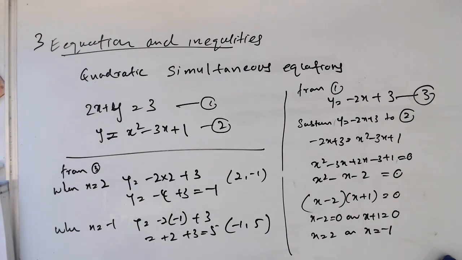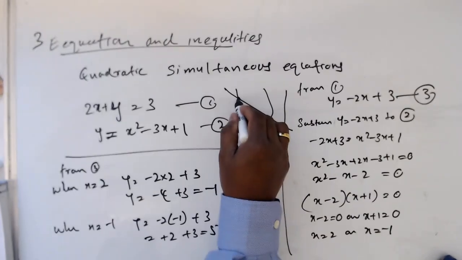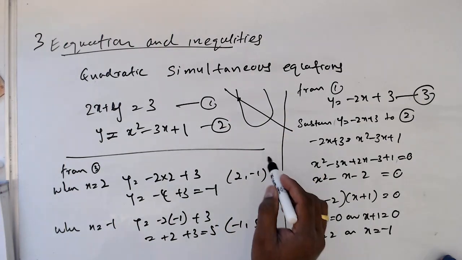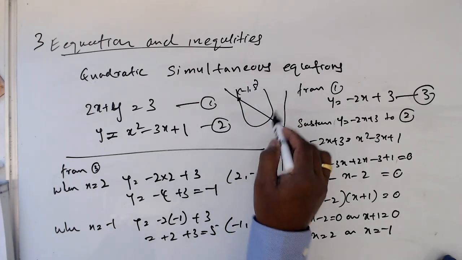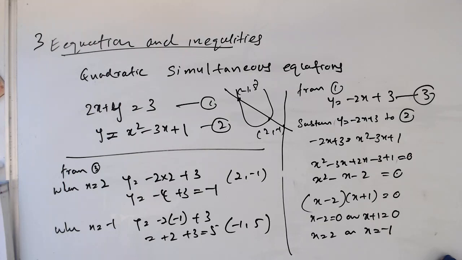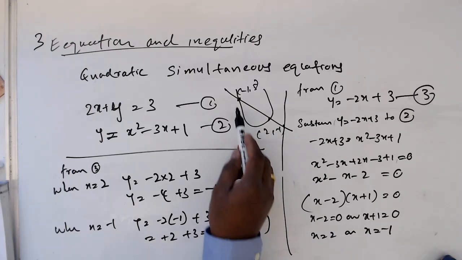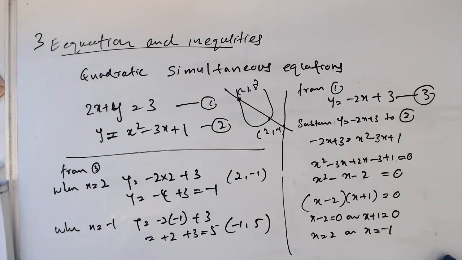Those are the two intersection points of the graph. One is minus 1, 5. Another one is 2, minus 1. So we solve simultaneously to get the coordinates of the intersection points.